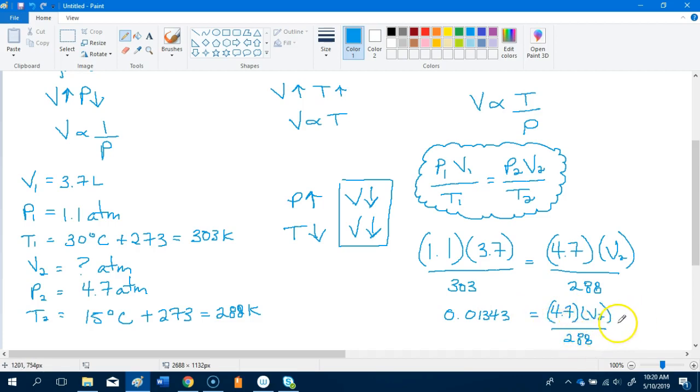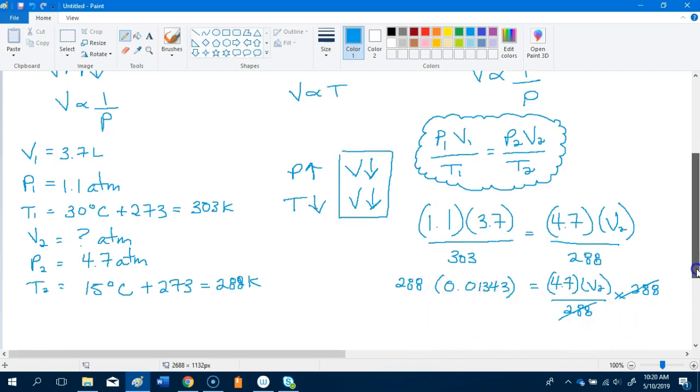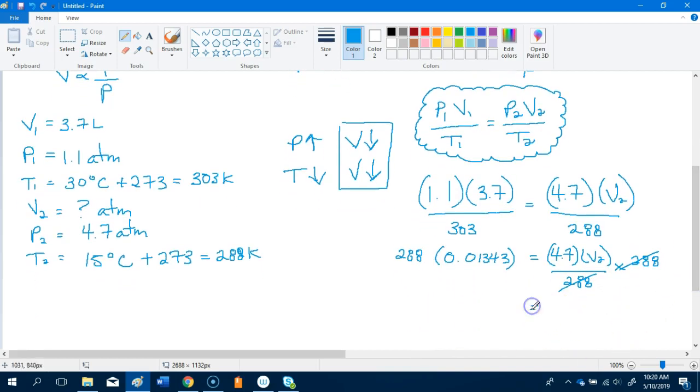I'm dividing by 288 here, so to cancel that out I multiply by 288, and whatever I do on this side I also have to do on the other side. 288 times 0.0134 gives me 3.8685, which is equal to 4.7 times my final volume.